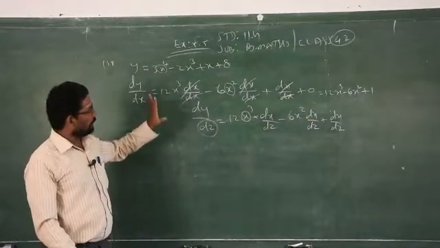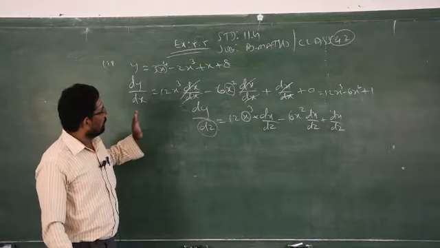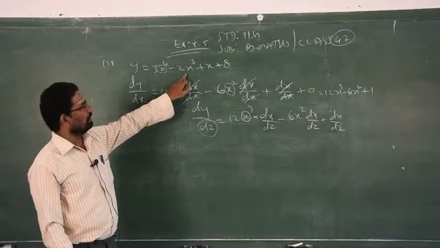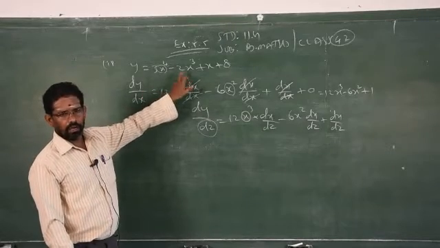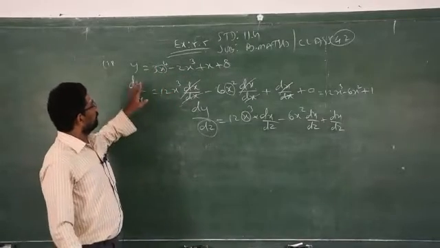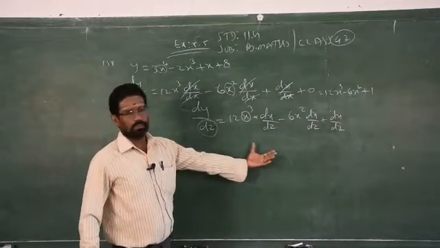So be careful, understand the concept: which variable, what is the question, whether the question is to differentiate with respect to the dependent variable x or some other variable other than what is given in the question. If you are asked to differentiate with respect to other than these two variables, then this is the process.